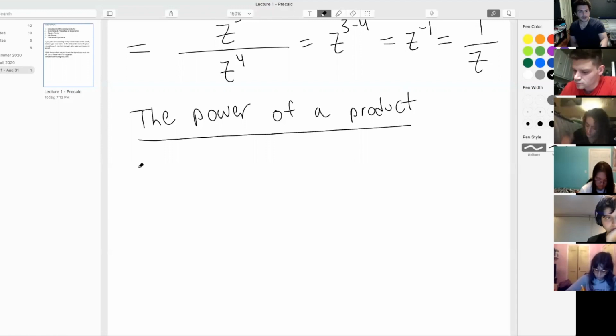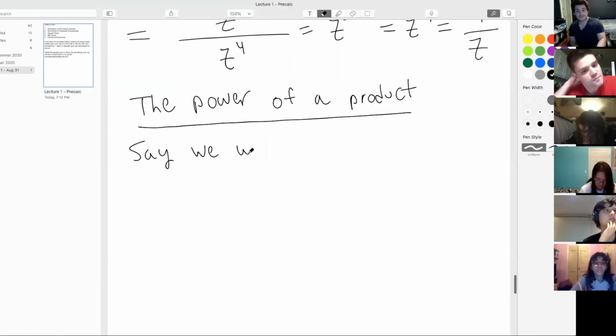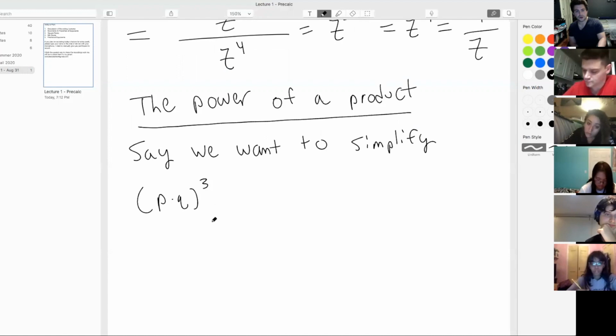All right, so here's some motivation. So this is not the rule. I'm just doing the motivation first, then I'll get to the rule. Say we want to simplify (PQ) to the third.